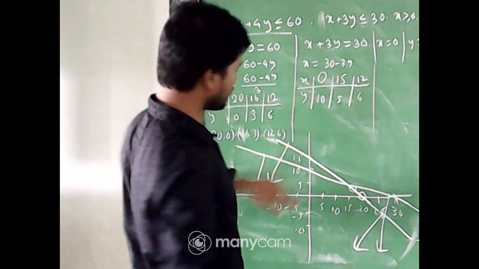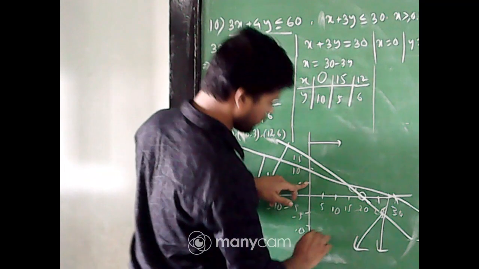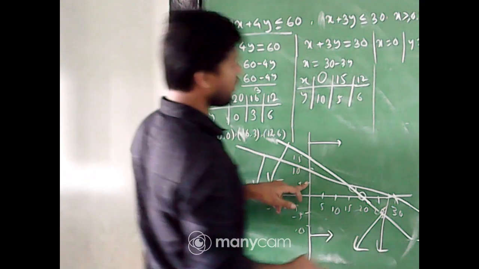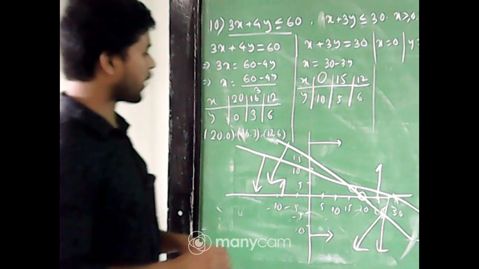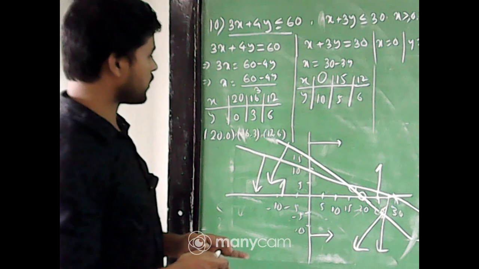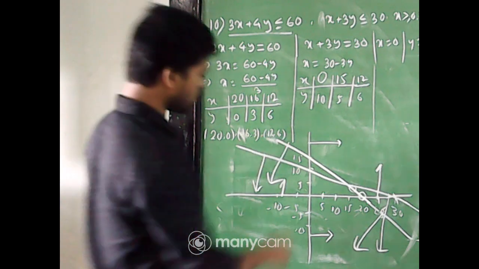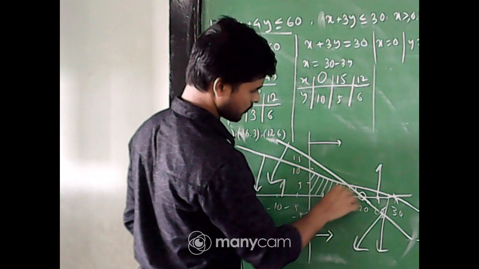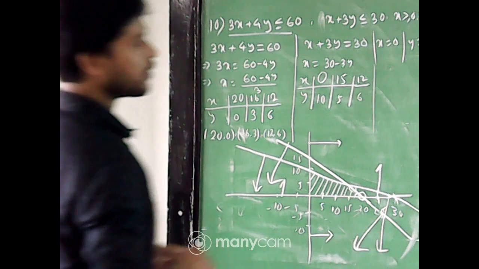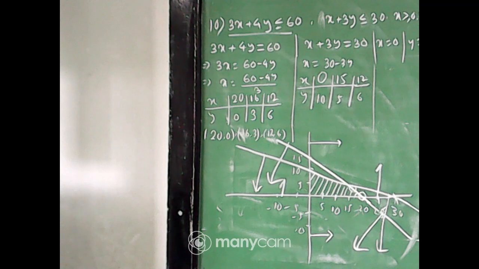And x greater than or equal to 0 will be this, and y greater than or equal to 0 will be this. Now we have to find the region satisfied by these four graphs. You can see that the common region is this portion. That will be the solution of the given inequations.